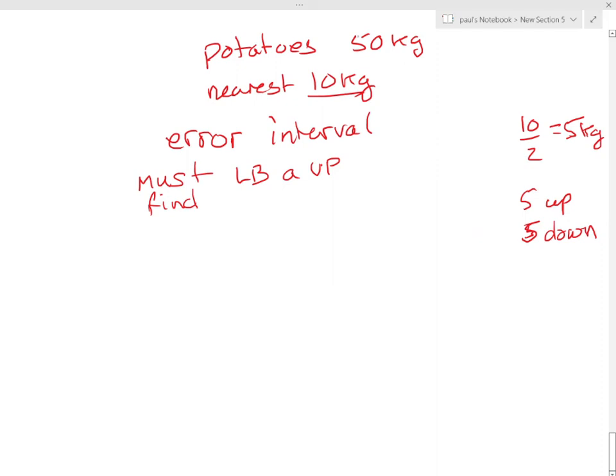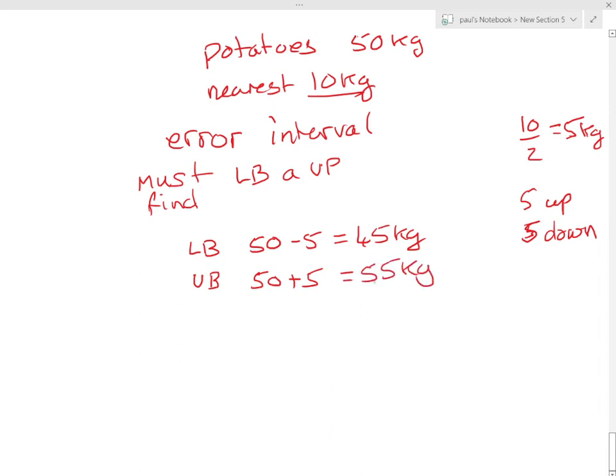And we start with our 50. So our lower bound is 50 minus 5, which equals 45 kilograms. And our upper bound is 50 plus 5, which equals 55 kilograms. So we've got our lower and upper number, and our original potential weight was 50, and we're going to write the error interval.